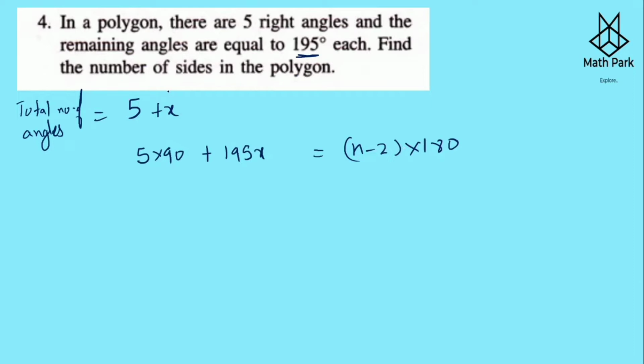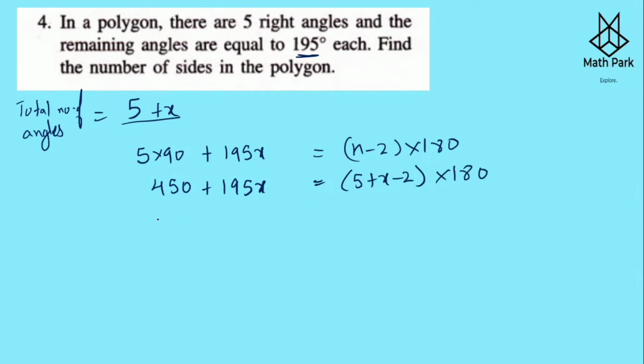So the number of sides becomes 5 plus x. The number of sides and the number of angles are equal for each polygon. So let us put this 5 plus x in this equation. So 5 times 90, we get 450, plus 195x is equal to, in place of n we are going to put 5 plus x, so 5 plus x minus 2 times 180 degrees.